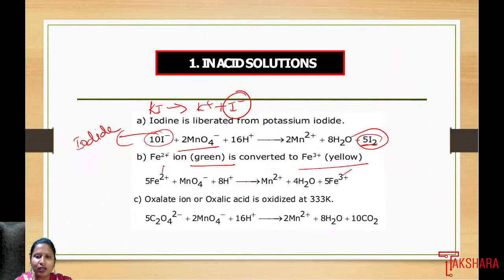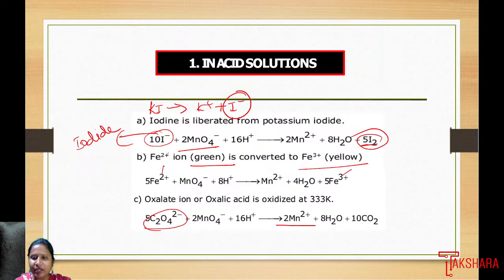Here, in oxalate ion C2O4 2 minus, potassium permanganate oxidizes oxalate ion to water and carbon dioxide.